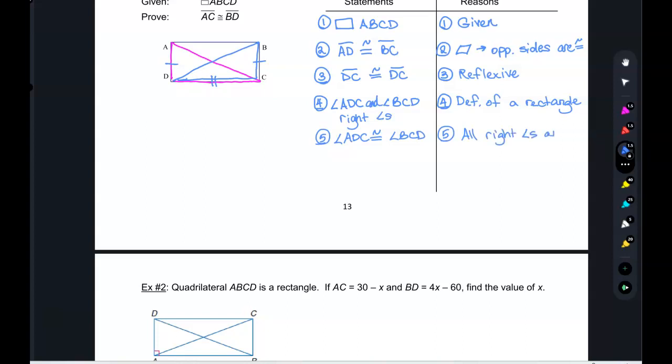So then you can do side angle side, because we have these 2 angles. Everyone see that? The one I traced in blue, side angle side. We just have to make sure the order of the letters matches, so we can do that same order: triangle ADC and triangle BCD.